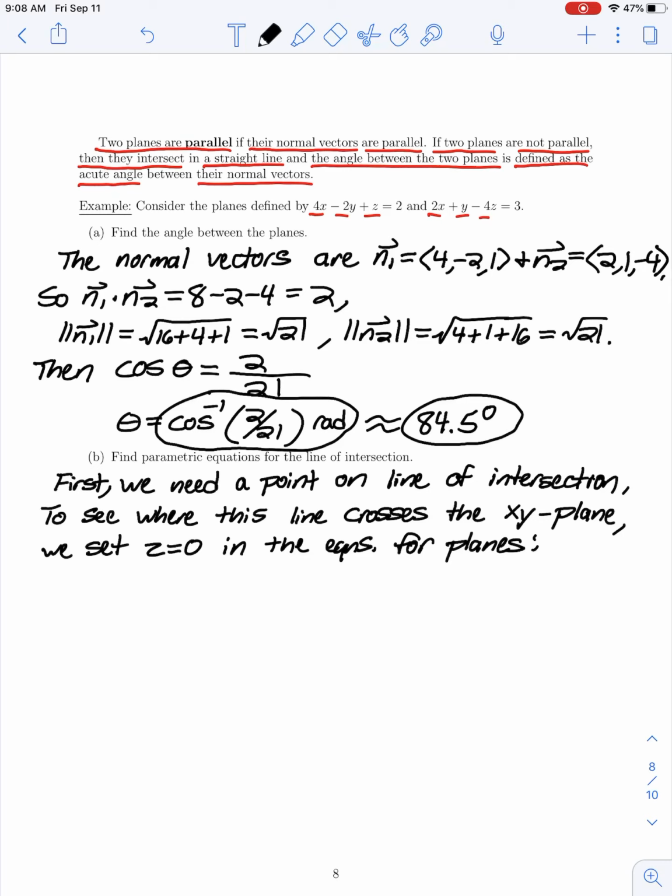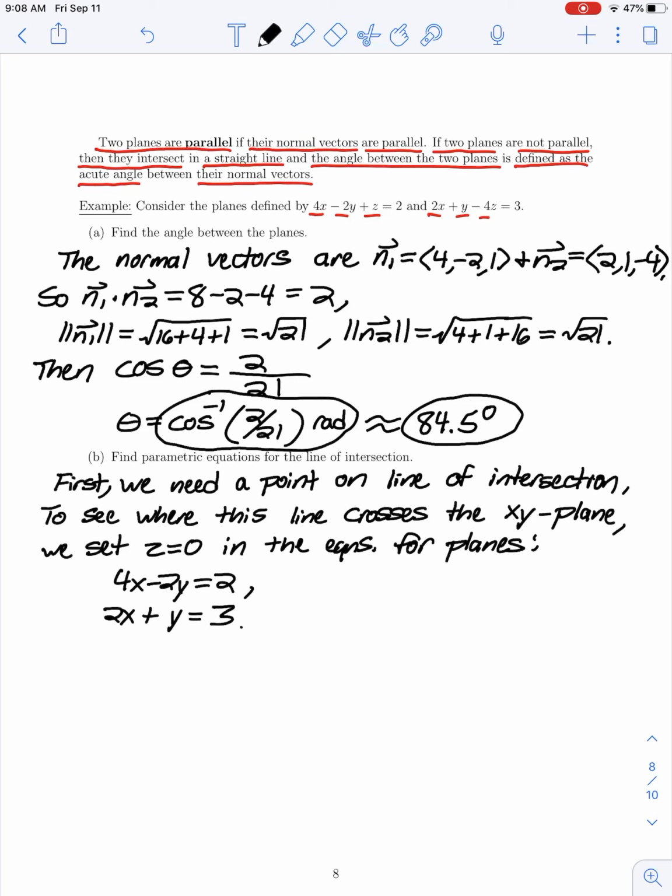So for our first plane, we would have 4x minus 2y is equal to 2. And for the equation of our second plane, if we substitute z equals 0, we would have 2x plus y is equal to 3.